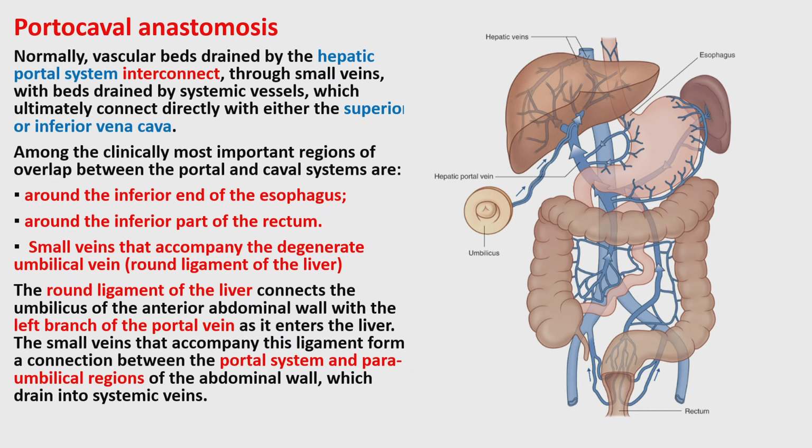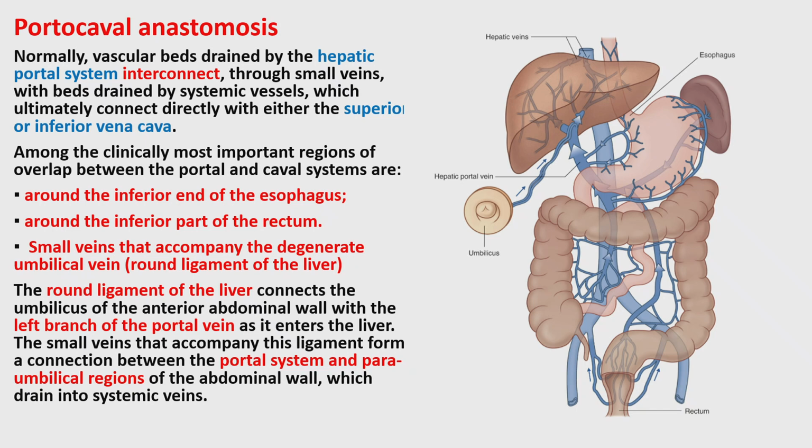And in the other way, they are connecting with either the superior vena cava or inferior vena cava. So that's why they call it portocaval anastomosis. One side is portal vein, the other side is either superior vena cava or inferior vena cava.